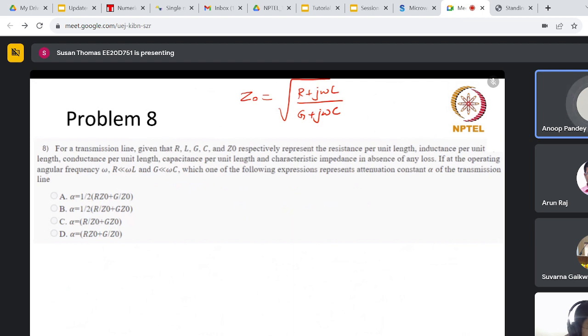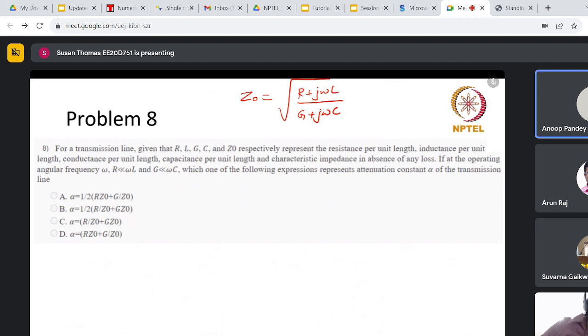This is imaginary now, but if I consider lossless line, then R and G will be 0 and Z naught becomes root of L by C. And if I consider distortionless line, then I got Z naught equal to root of L by C. So why do we consider only the characteristic impedance of distortionless line a real number? Why do we not consider it for a lossless line?